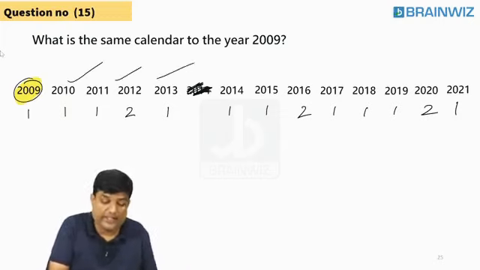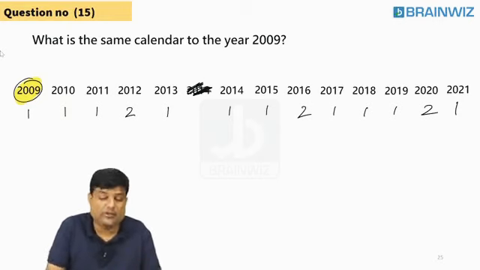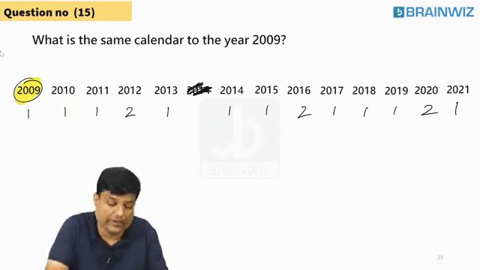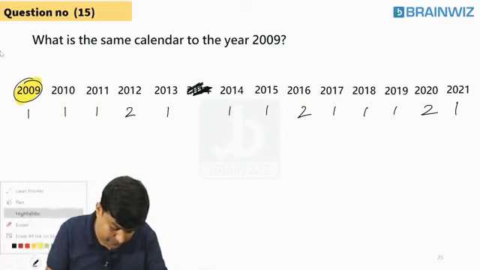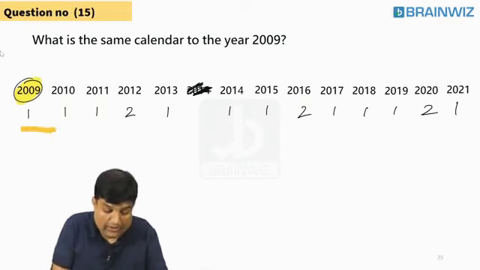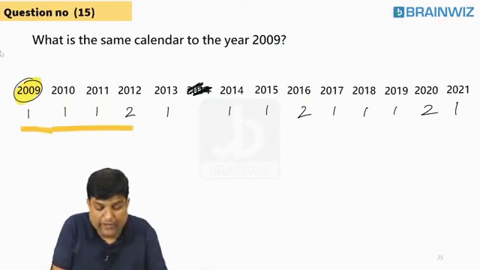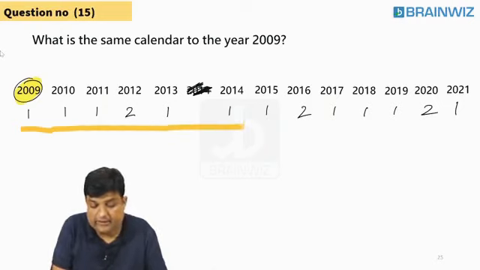You don't count 7 years. That's a wrong concept. What do you count now? 7 days. Let me remove the 7 days, everybody. 1, 2, 3, 4, 5, 6, 7.